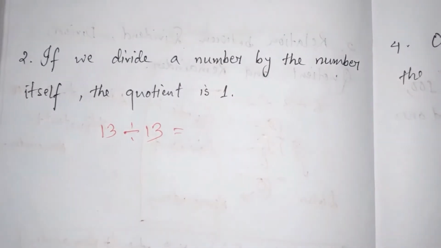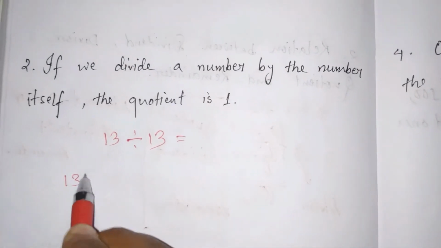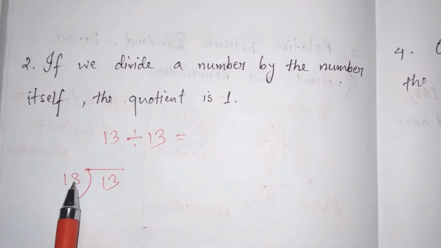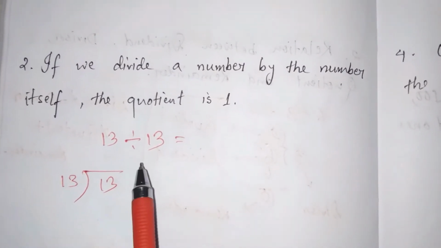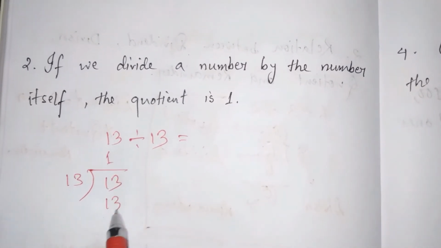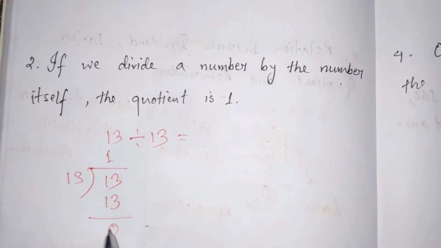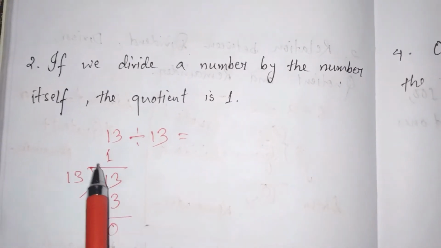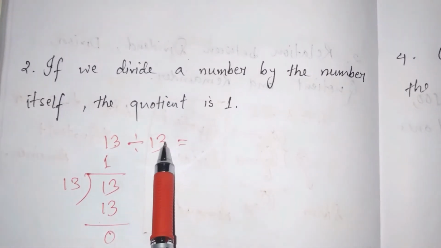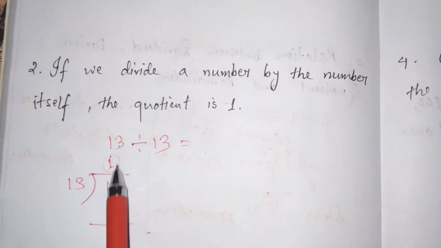In the table of 13, obviously 13 ones are 13, isn't it? So here you have 0 as remainder. Whenever you divide a number by the same number, in the quotient you get 1.